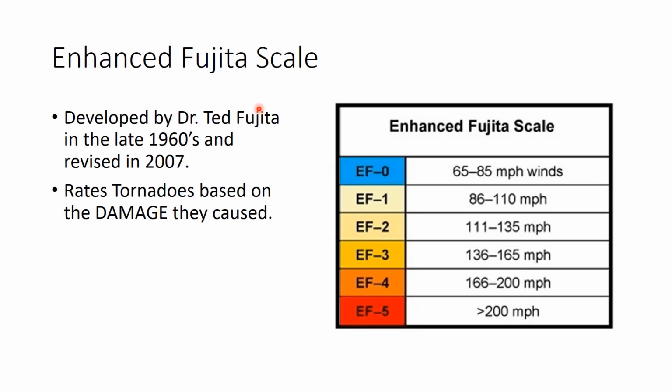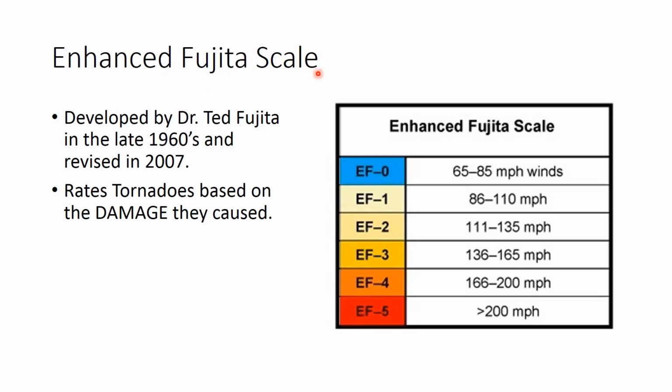Obviously, between the late 1960s and the late 2000s, technology changed quite a bit, and our understanding of tornadoes changed quite a bit. So rather than throwing out the scale and doing something completely new, we only really saw the need to just tweak it. Basically, we took the football and ran with it. And so we came up with what is called the Enhanced Fujita scale.